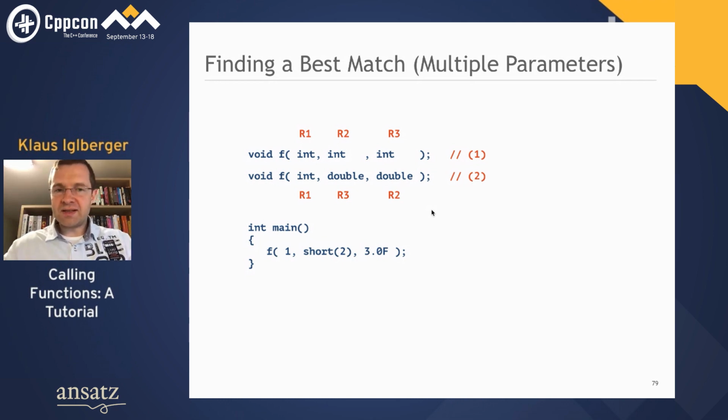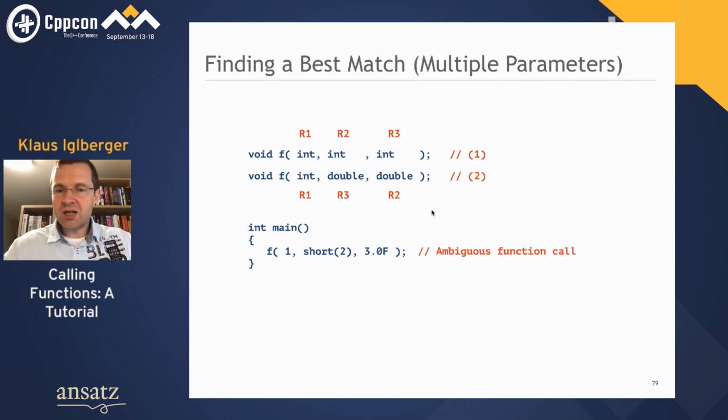Now for both functions, I have one parameter where it's better than the other function. As soon as this situation arises, and it's completely irrelevant how many other extra points the other function gets, as soon as both functions have one argument that is better, this is considered an ambiguous function call.